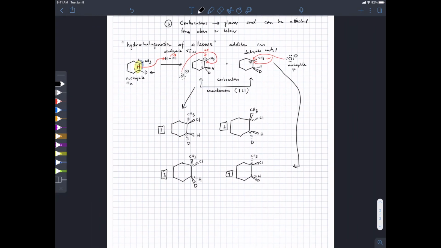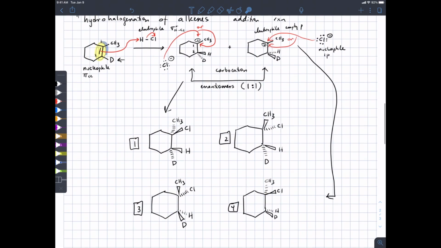Okay, we get 4 possible products because there's 2 different times where we can choose one of 2 different options. In the first step, we can attack the acid above or below. And then in the second step, the nucleophile can attack the carbocation from above or below. 2 options, 2 different choices, twice, that's 4 different outcomes.